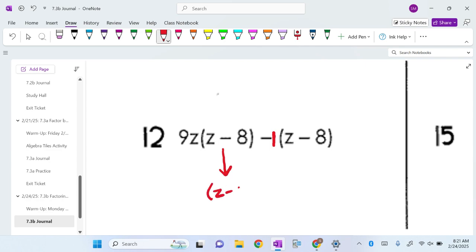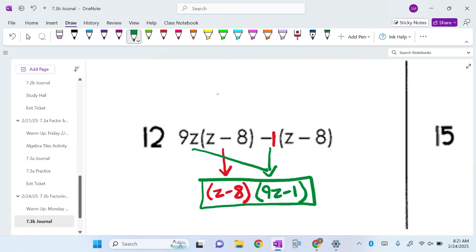It's z minus 8. Then if I bring these two down, what do I get? nz minus 1. So don't be thrown if you just see a minus here. That just means you put a 1 in front of it. That's all you do.